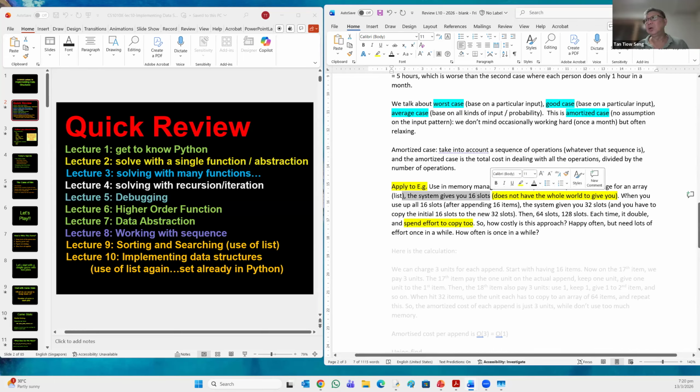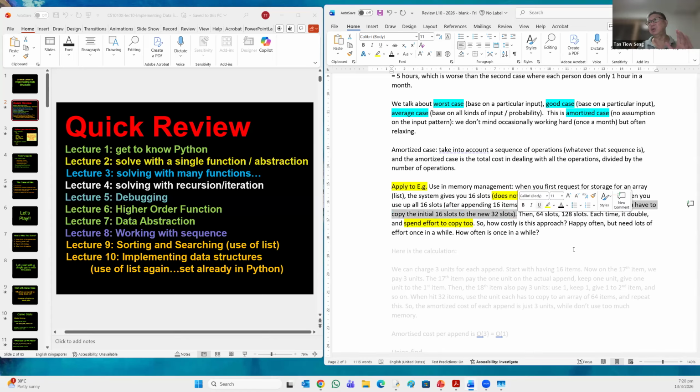So what happens when you use up all the 16 slots by adding 16 items into it? In this case, one smart way to do things is doubling, and this is very common in computer science. From 16, I double it to 32 for you. I will make you 32 slots now.